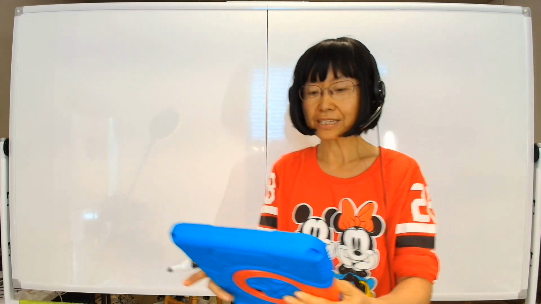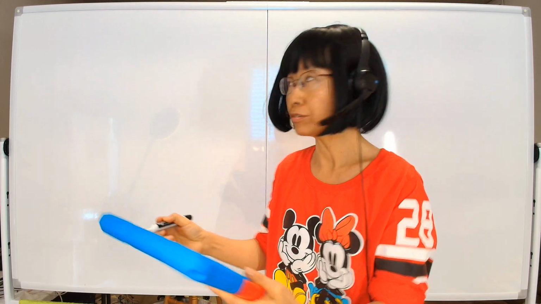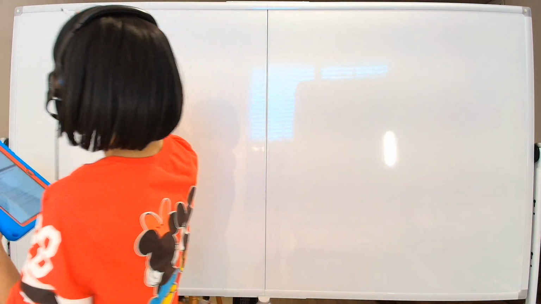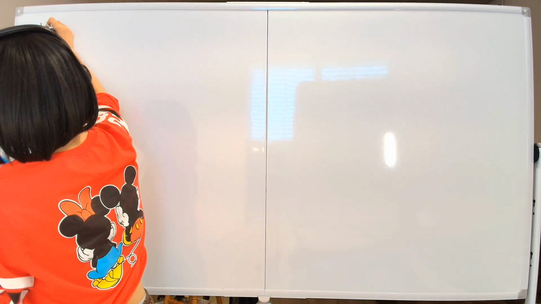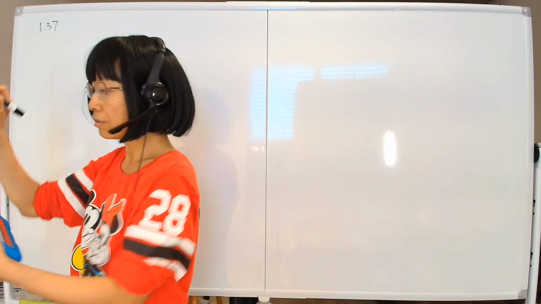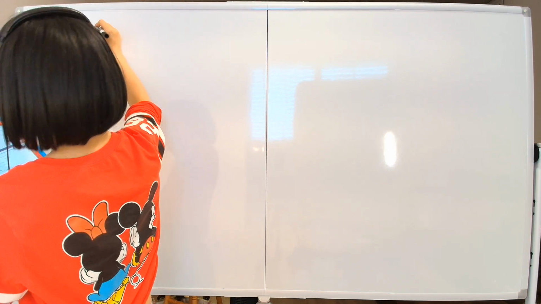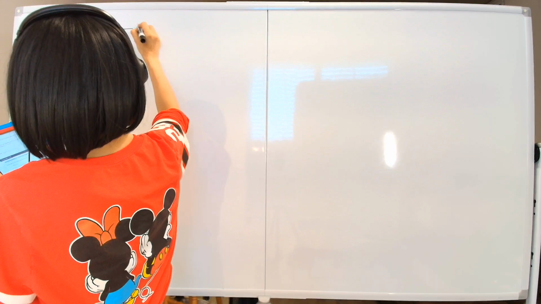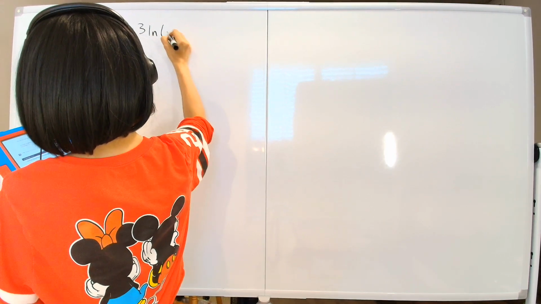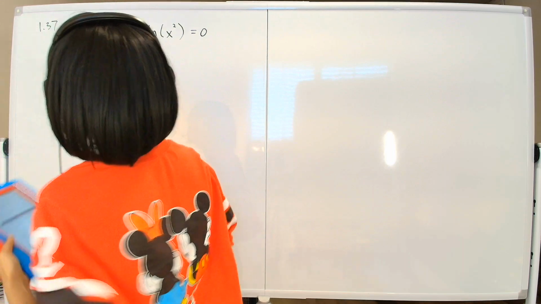Now let's look at example 1.37, which shows us how to use the log rules or identities. In example 1.37, we look at this problem where you have ln of 2x minus 3 ln x squared equals 0.